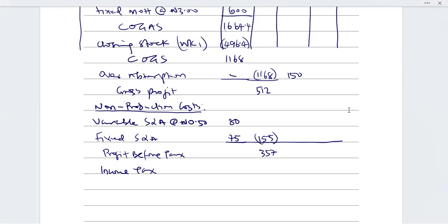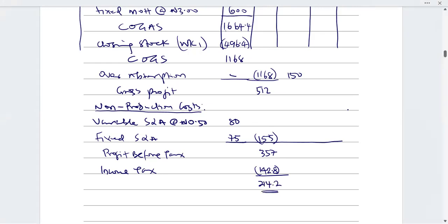This will give me 357 multiplied by 0.4 equals 142.8. Here is 142.8. So I will find the difference. 142.8 minus 357 equals 214.2. Here is 214.2.